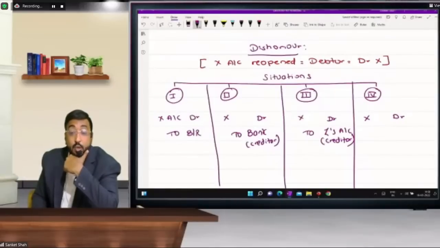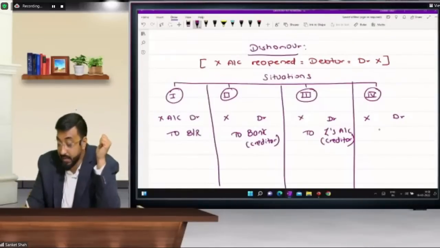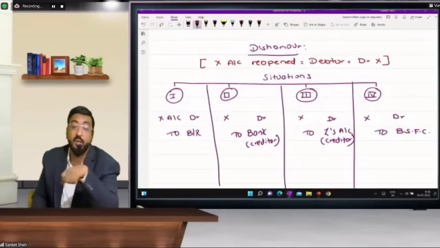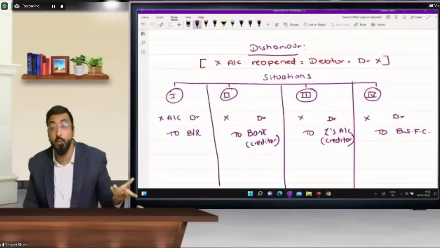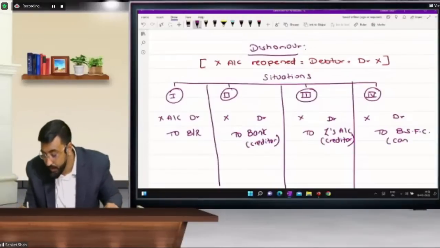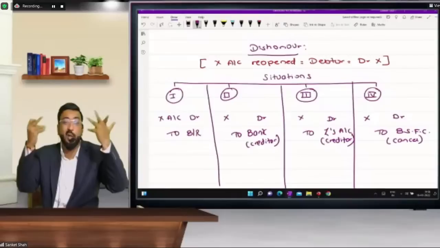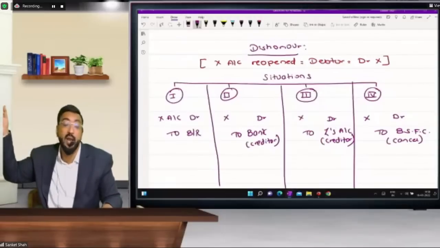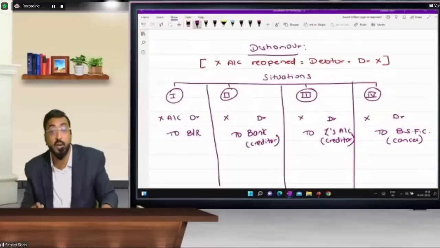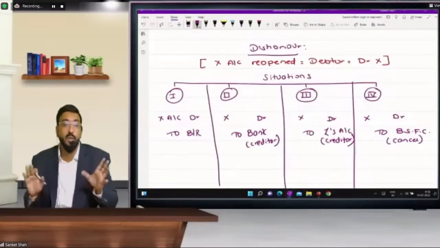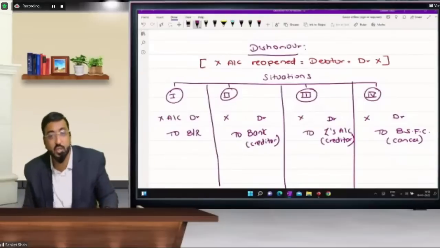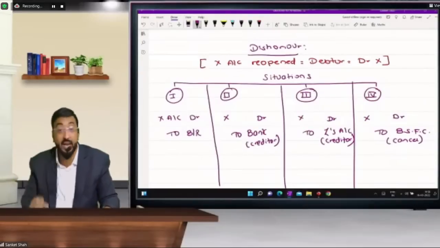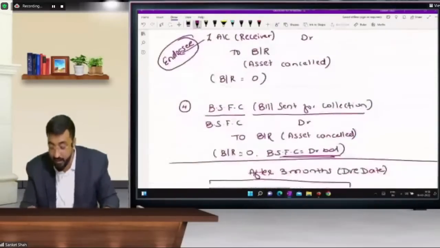And the last situation. X account debit to bills sent for collection. So X account debit, I'm going to cancel. That agent will tell me, sir, no money, sir. Okay, no money. So I'm going to cancel his account and now I will collect it from X. Bills sent for collection is my agent, and the agent told me, sir, no money is given by X. So I'm going to cancel that agent's debit balance.